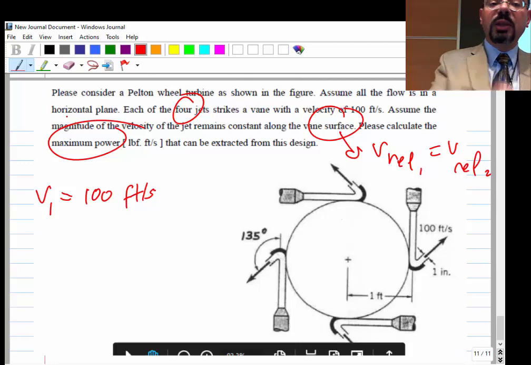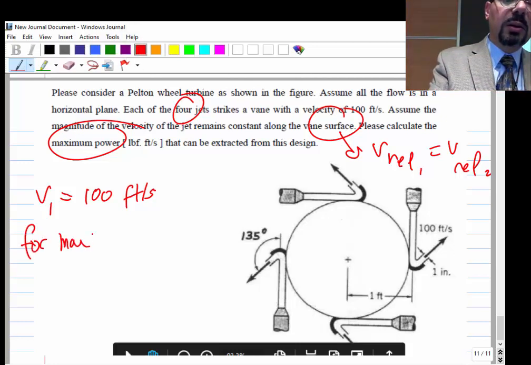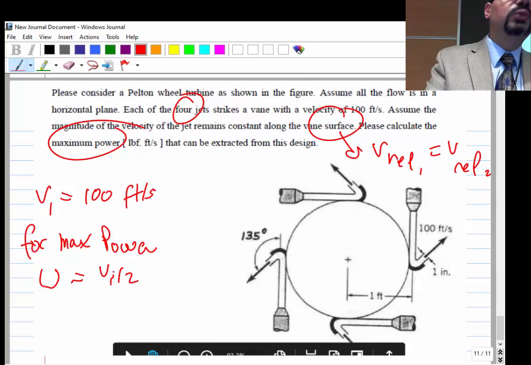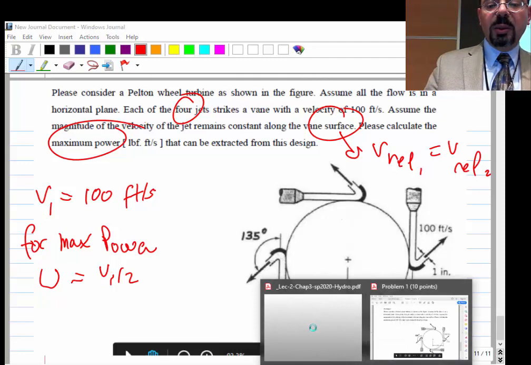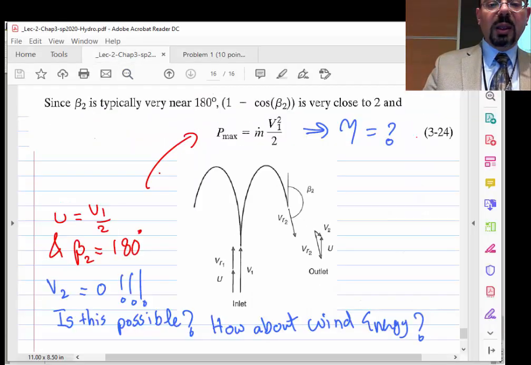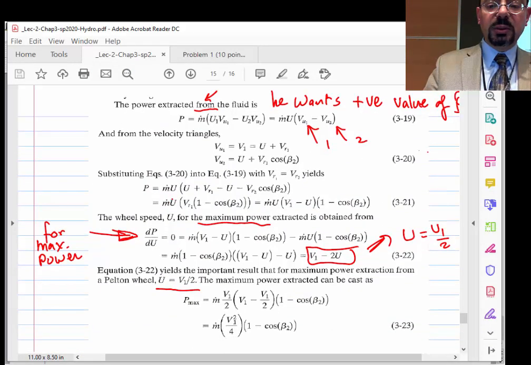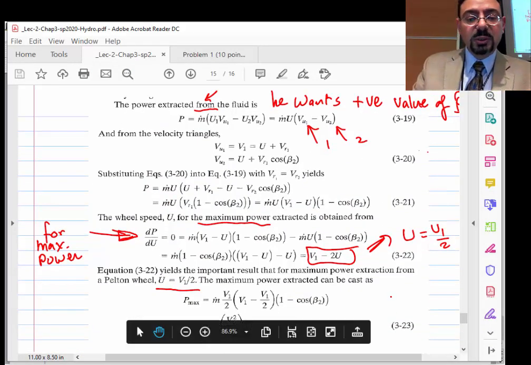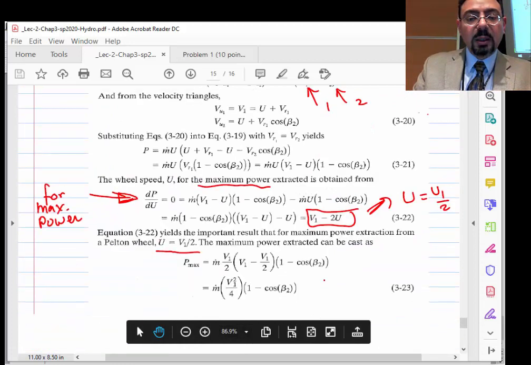Maximum power. So we know that for maximum power, U should be V1 over 2. And we should go and actually open our textbook and get which equation I should use. Yeah, this one, right?